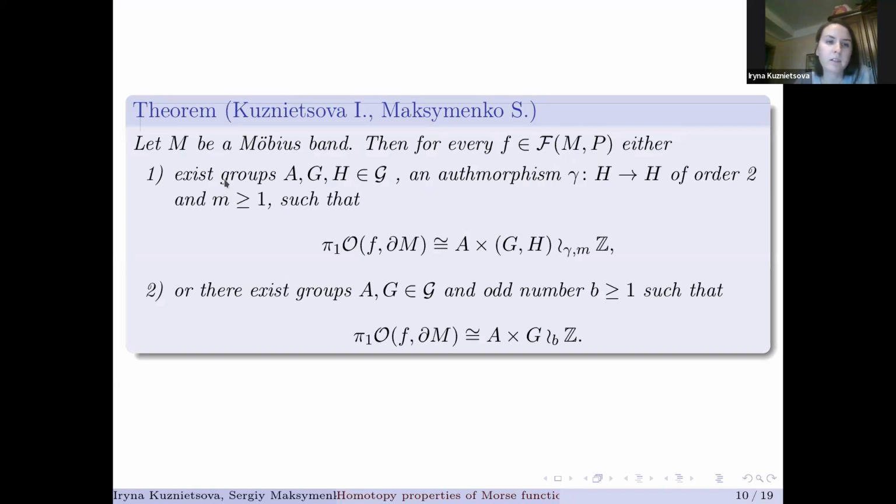First, there exist groups A, G, H and an automorphism gamma of order 2 and a number m such that the fundamental group of the orbit is isomorphic to A times the wreath product of G, H, gamma, m, Z. And the second case is that there exist groups A, G and an odd number b such that it's just the direct product of A and the usual wreath product with index b.